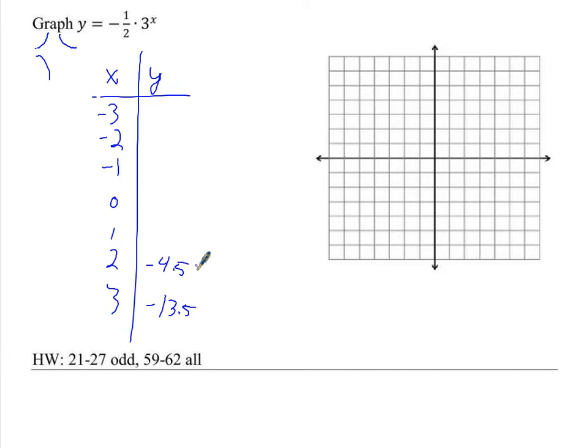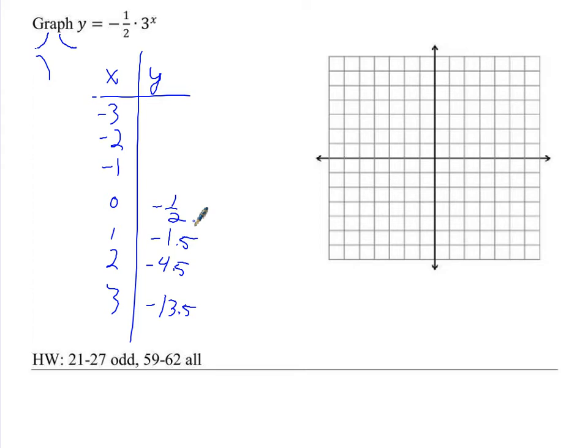But again, we're graphing, so we can handle negative 4.5 a little bit easier. Okay, I plug 1 in. What do I get? Negative 3/2 or negative 1.5 is correct. I plug in 0. What do I get? Negative 1/2, negative 0.5, same thing.